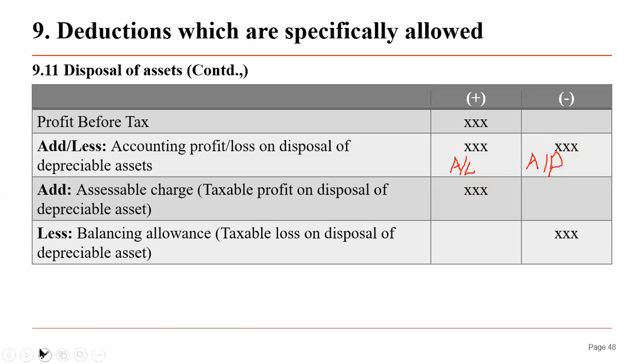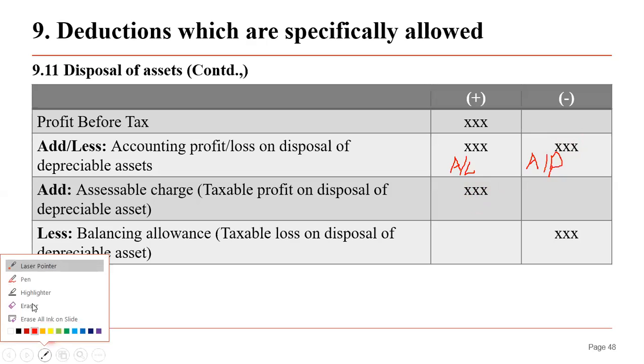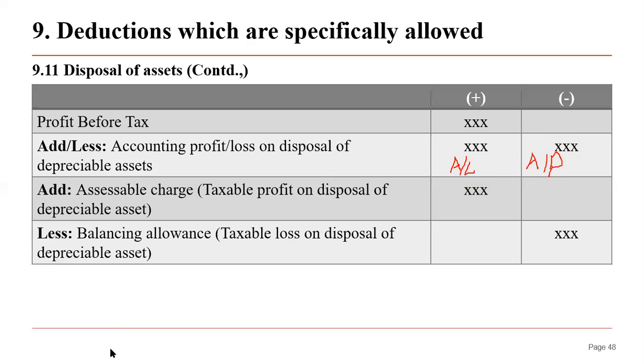Then the correlation is like this. Here we are deducting accounting profit, and we need to add a taxable profit, right?